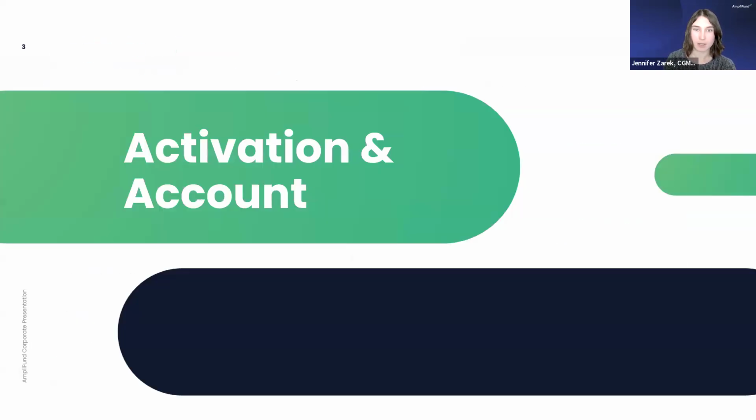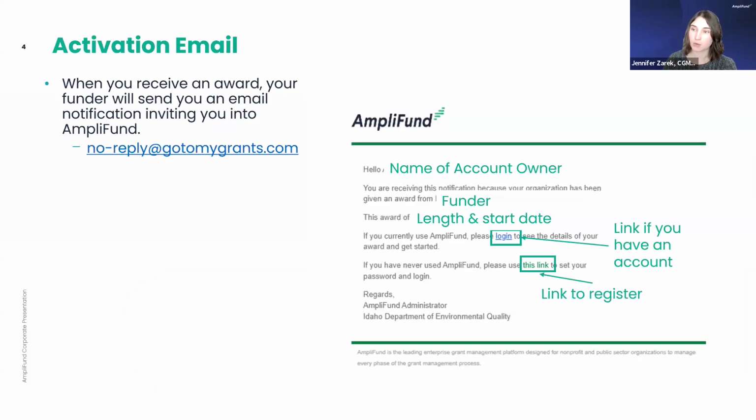We'll start by talking about how to get into AmpliFund for the first time. When the state of New Mexico provides you an award from the New Mexico Match Fund, you are going to receive an activation email. This will come from no-reply@gotomygrants.com.